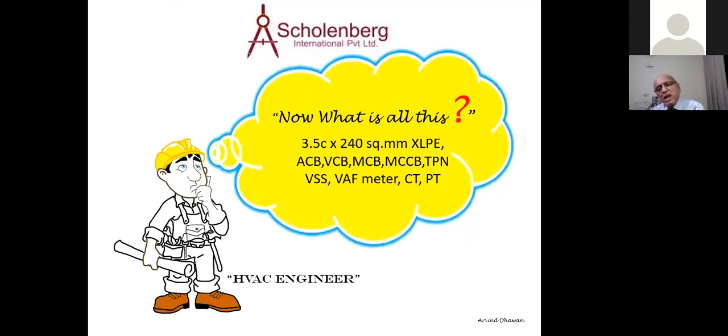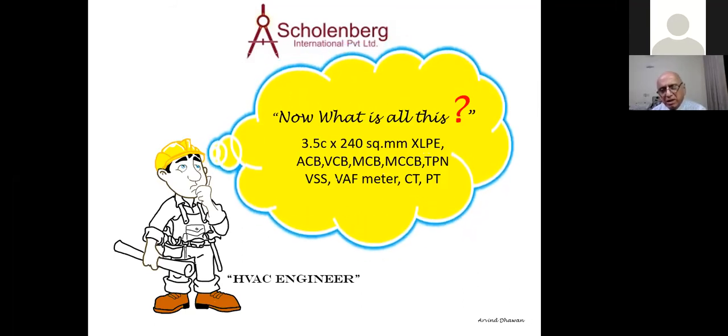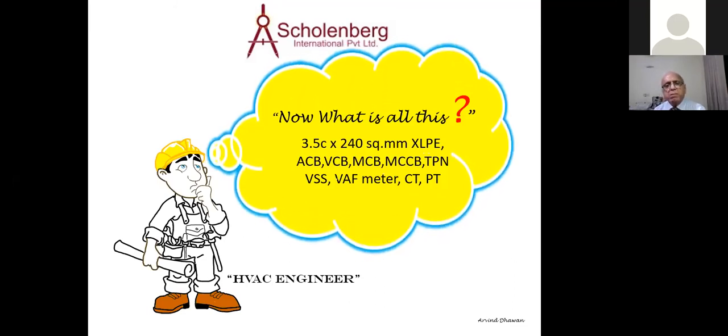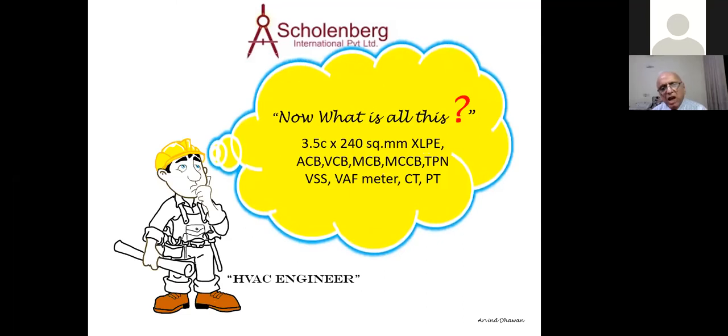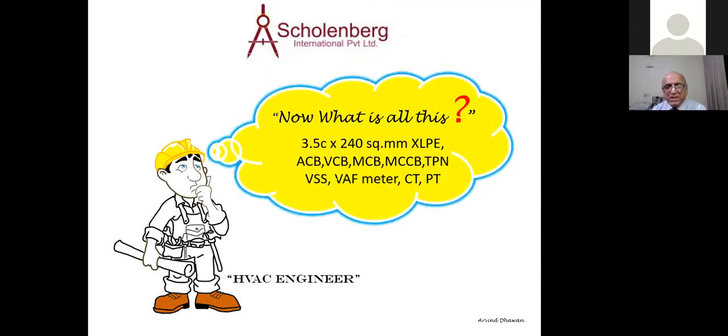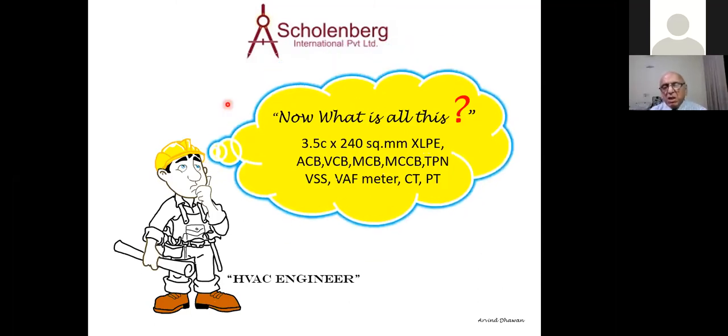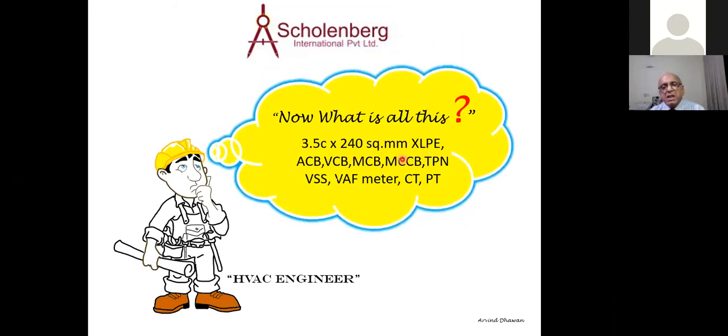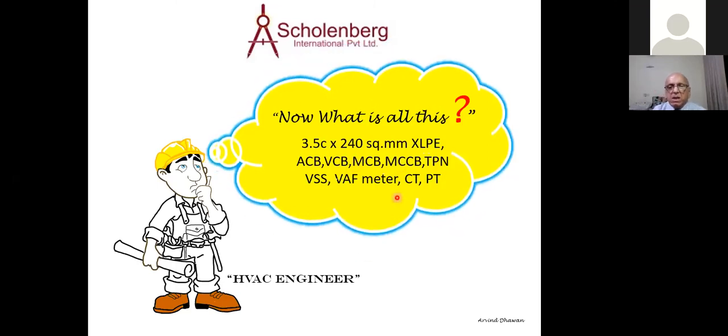So in any tender, air conditioning or any project, you will have a tender document with a bill of quantity called BOQ. You'll have the mechanical section and you'll have the electrical section also. So if you open a tender document, you come across this: 3.5C, 240, XLPE, ACB, PCB, MCB, MCCB, TPN, VSN, VAF.